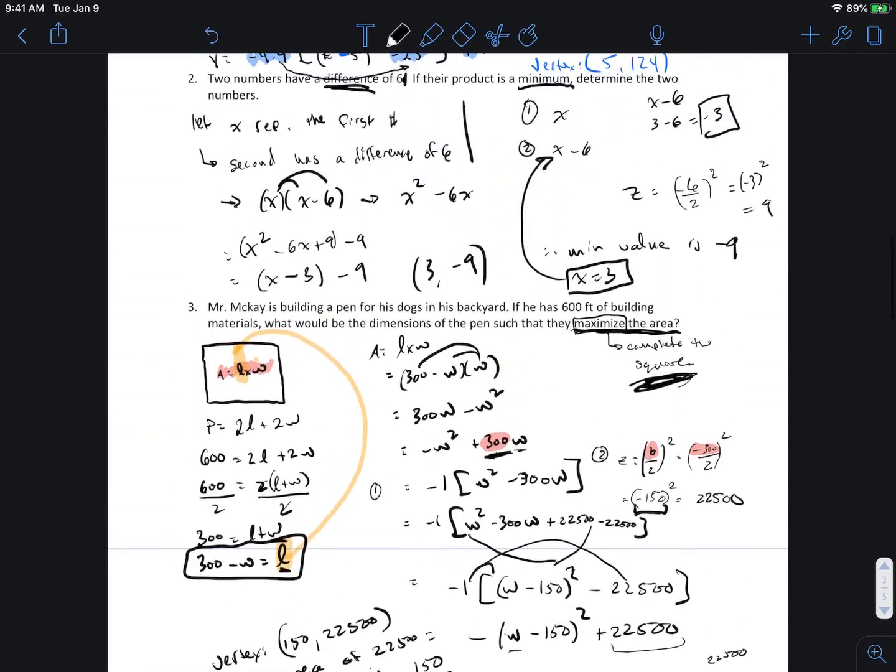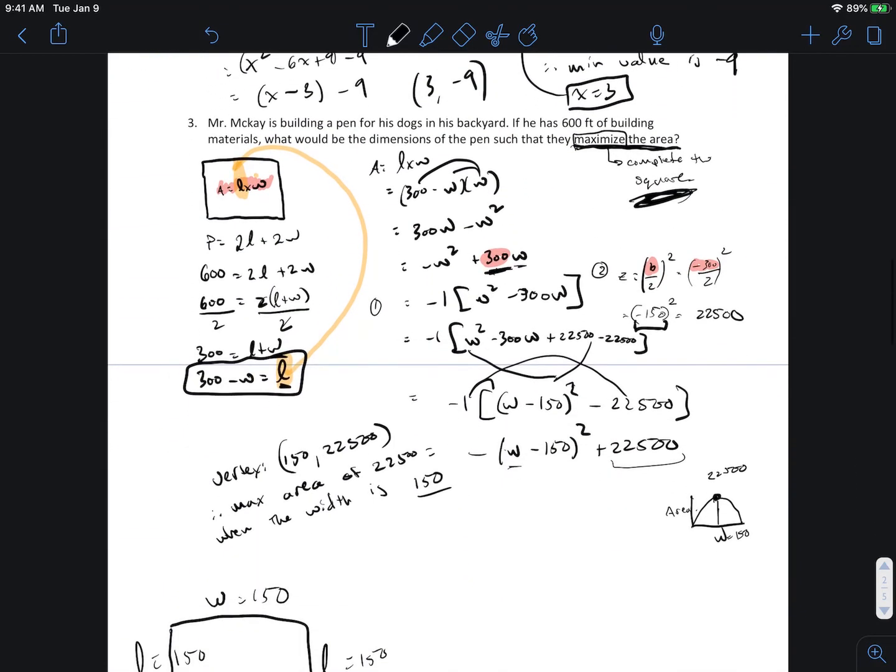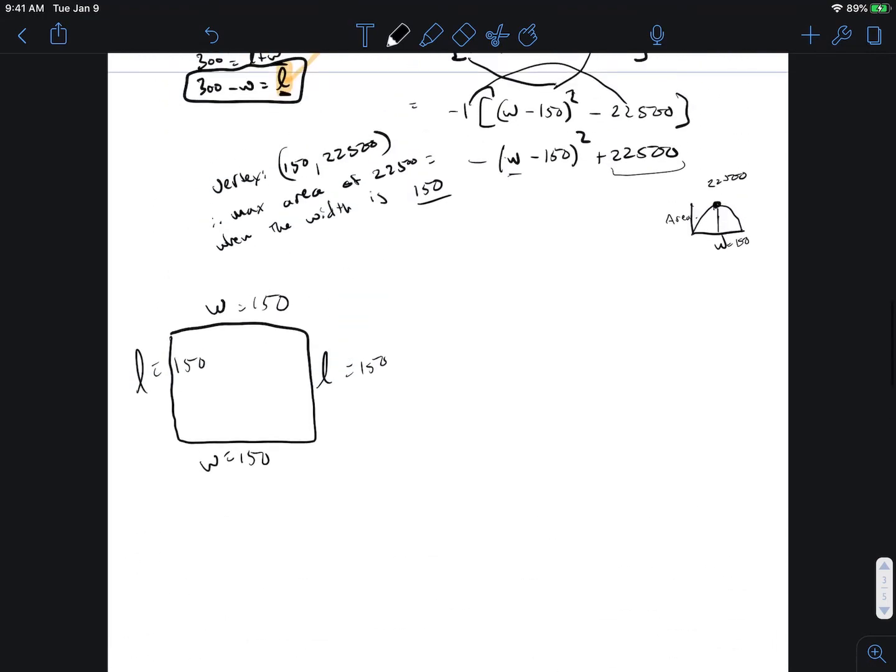But this will give me the same answer. I said that the length was supposed to be equal to 300 minus W. That was one of the equations I isolated for. So if I take the width that I solved for, the 150, and plug it in where the W is, it's going to tell me what the length is.